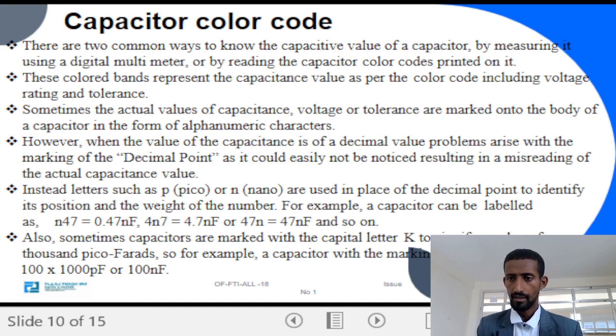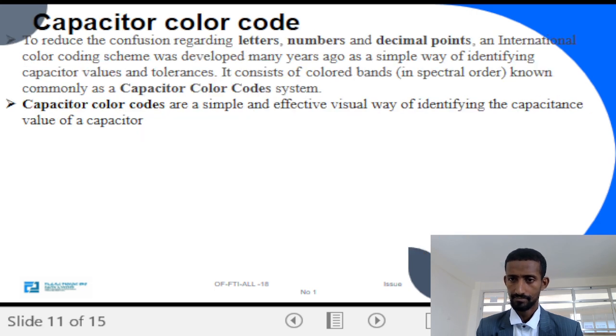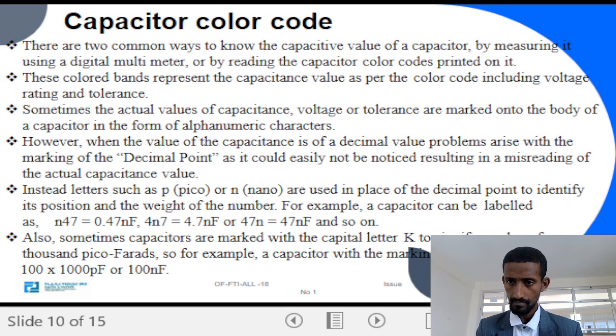For example, on a capacitor, as you can see here, n47 means 0.47 nanofarad, 4n7 means 4.7 nanofarad, and 47n means 47 nanofarad. So it is ambiguous to read.